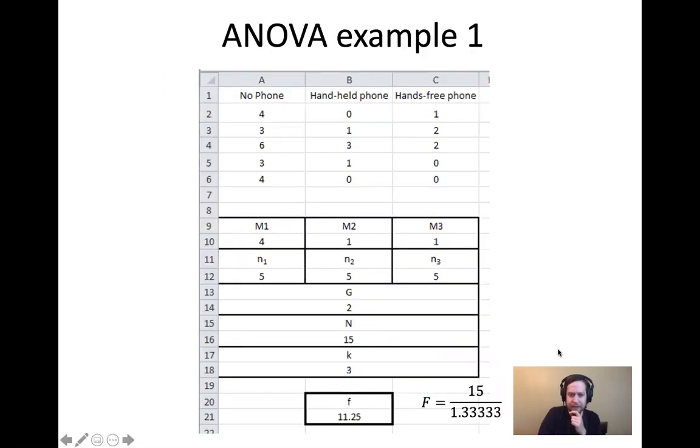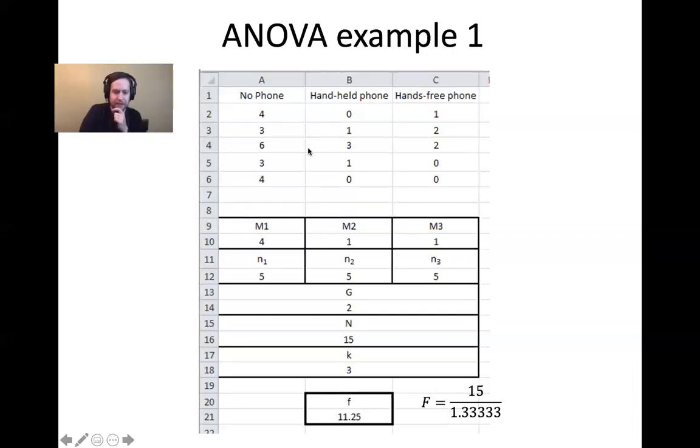So here's the example that we're dealing with today: type of distraction, 3 levels, 15 total participants. Here are the 3 conditions. Each of these numbers represents the driving obstacle course score, how well people did on the driving obstacle course.